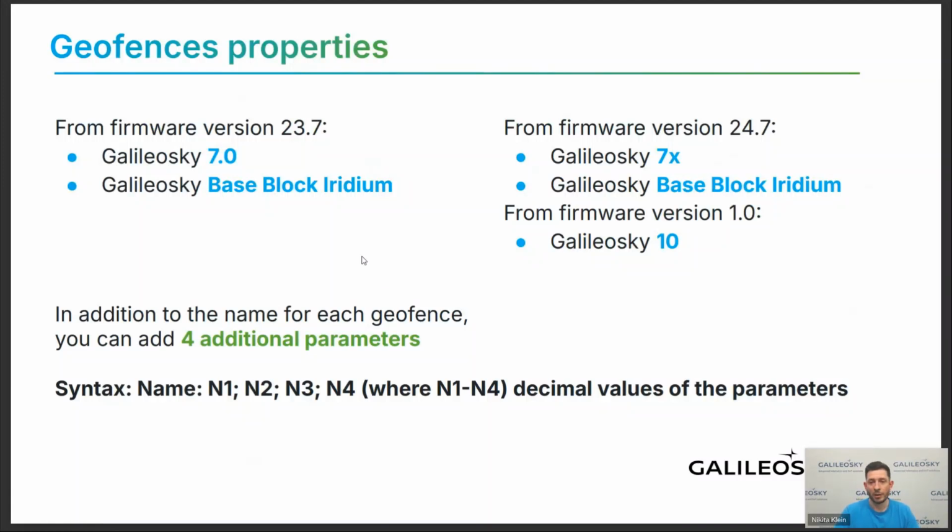I don't know about other manufacturers, but I'm not sure that a lot of them have such feature. Our developers added the opportunity to put 4 parameters inside the name of geofence, and then use them inside an easy logic. I will show how to do it, but now I will put the syntax of the name with parameters in chat.